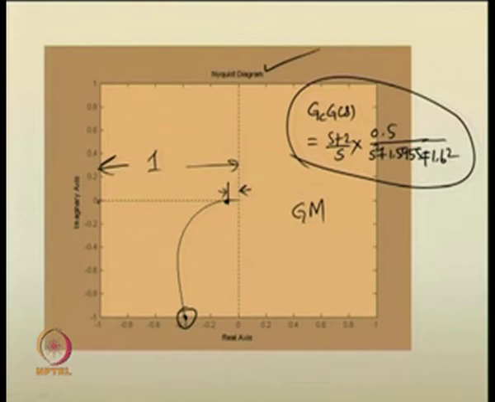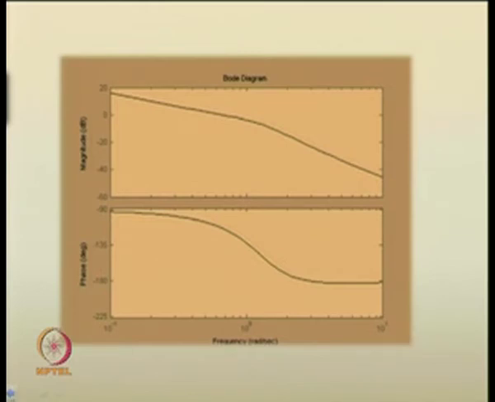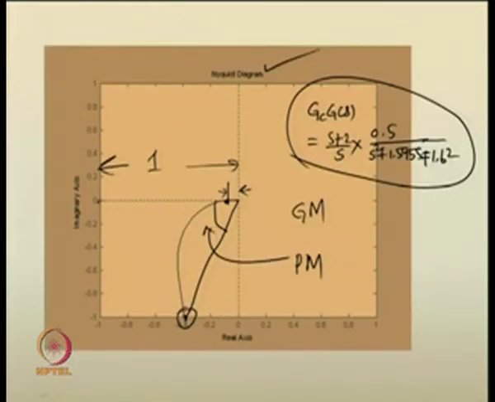Similarly, if I draw a line from here to here and measure this angle, I will get a very good phase margin for the system. What are those values? Let us see. Using the analysis, one can obtain a gain margin of 12 in absolute value terms and a phase margin of some 65 degrees.